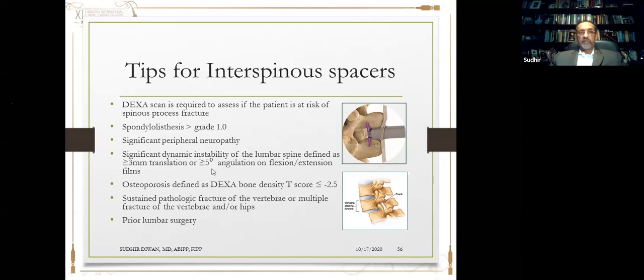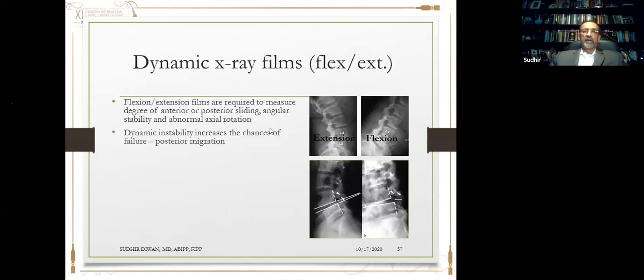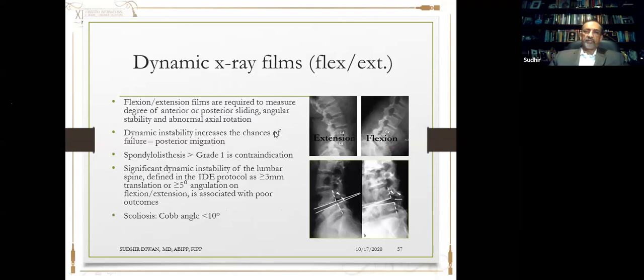Another very important thing is spondylolisthesis. If it is more than grade 1, then you cannot do it. Even with grade 1, if you have instability of more than 3 millimeters, you should not do this procedure because then you will have posterior migration.